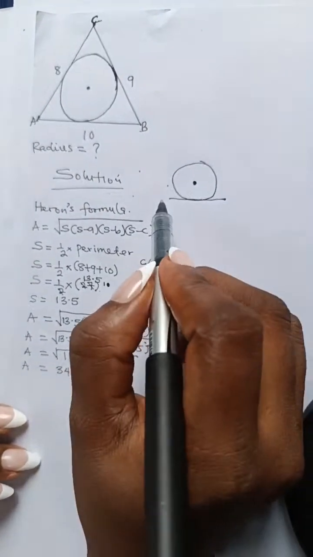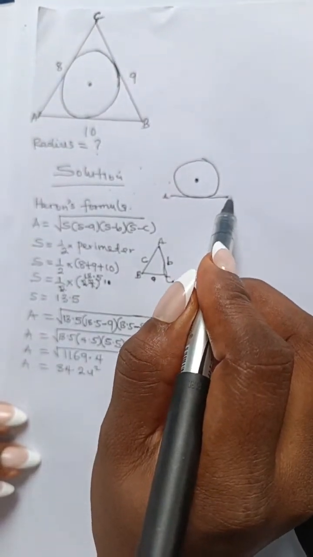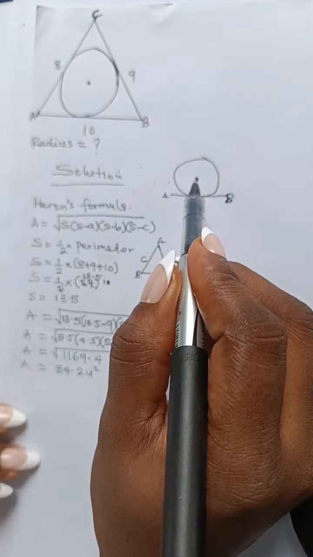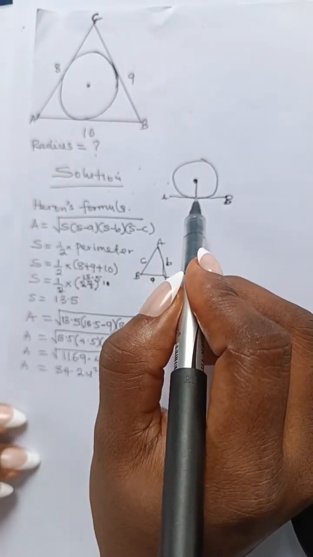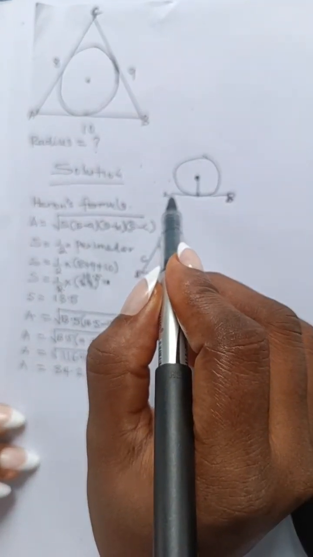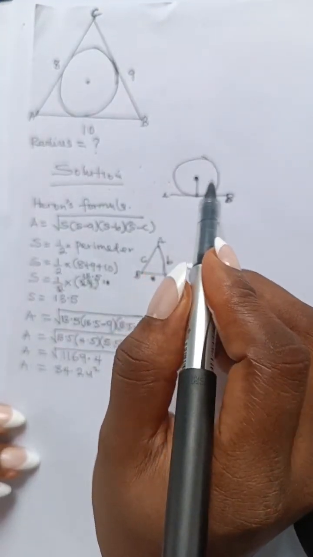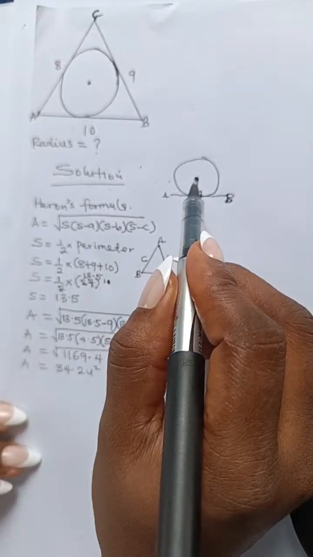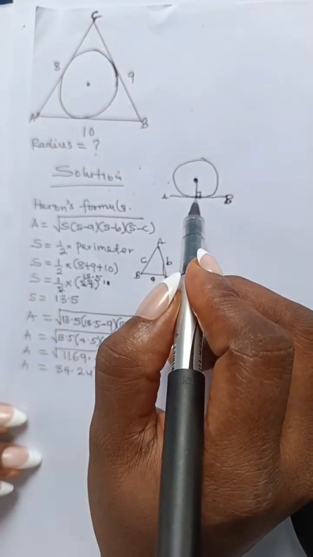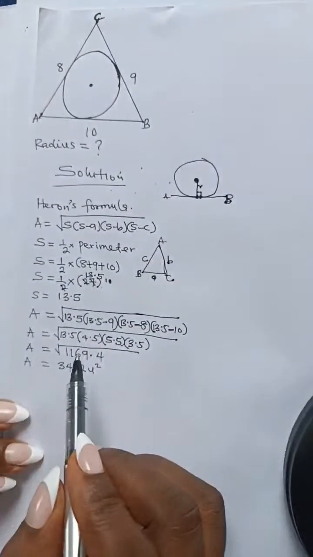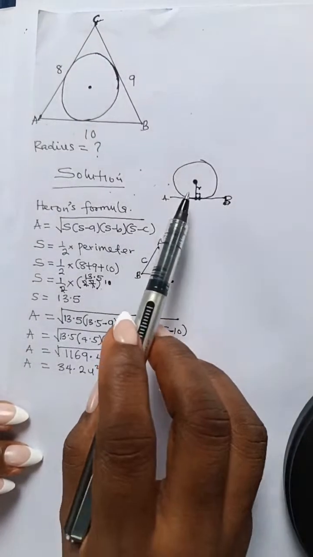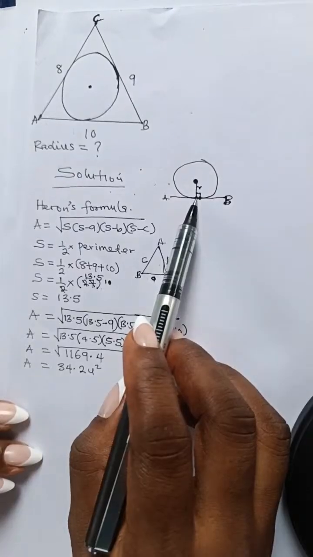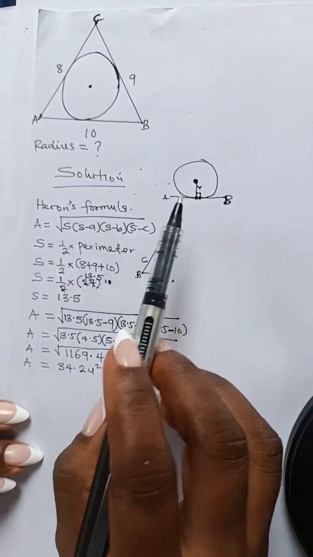So if this AB is a tangent, and you draw a straight line from the center of that circle to the point of contact between this tangent and the circle, you are going to get 90 degrees. Remember that any line you draw from the center of the circle to the circumference is your radius. So when your radius touches your tangent at the point of contact, 90 degrees is formed.